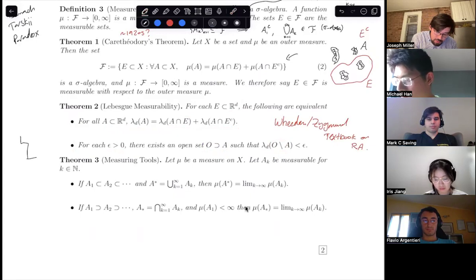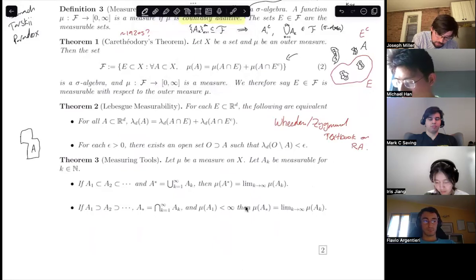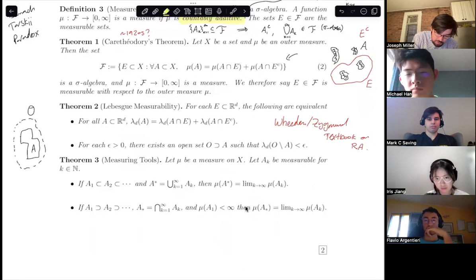So what this last condition says is, let's say you give me some set A. What I want to do is find some open set, this is my O, such that this region in the middle is small.